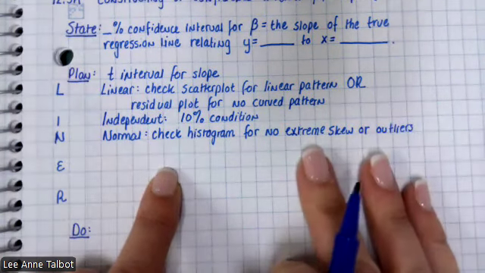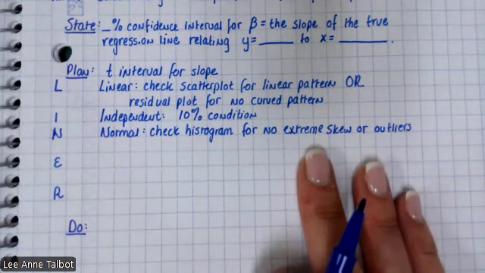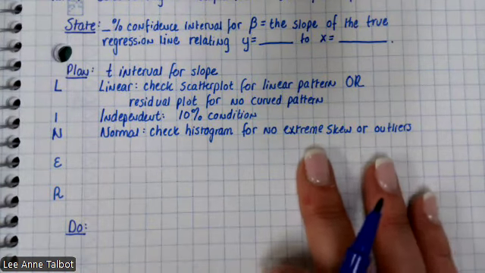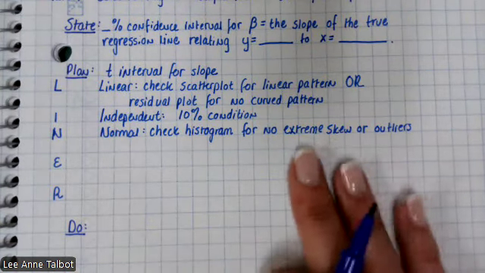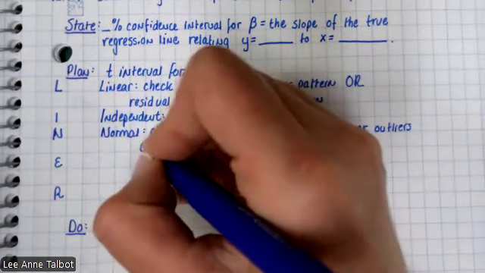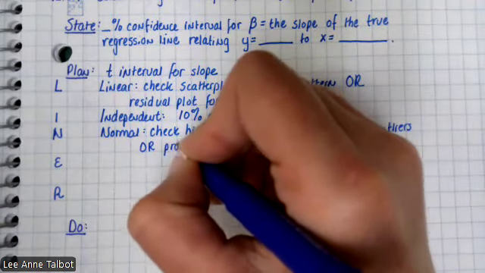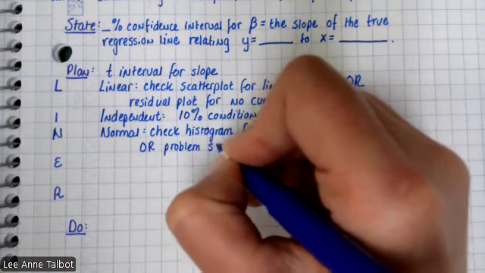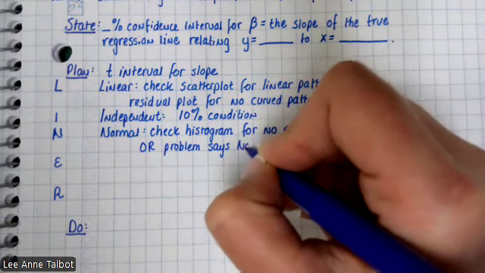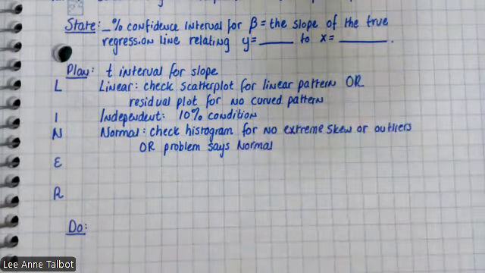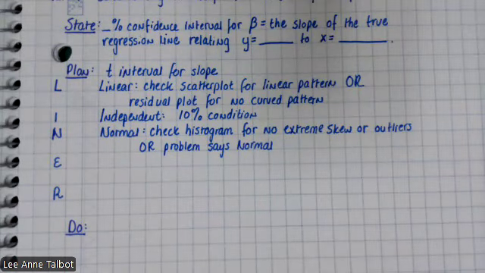And this is kind of like when you guys did the t-test, when you had the box plot and you were like, no extreme skew or outliers, that sort of thing. Or the problem says something like, previous research indicates that there's a normal population, blah, blah, something like that. We've dealt with that before.